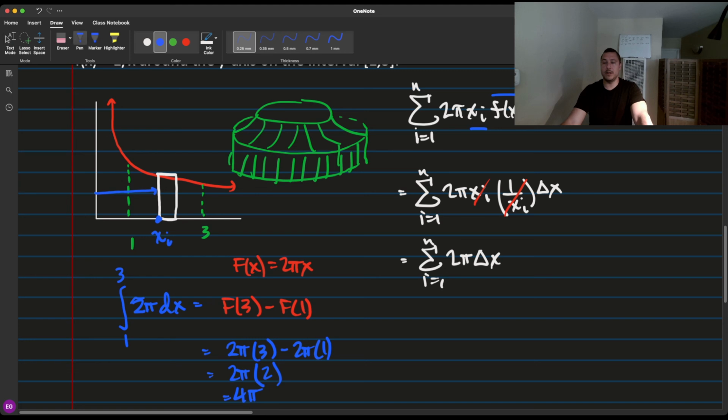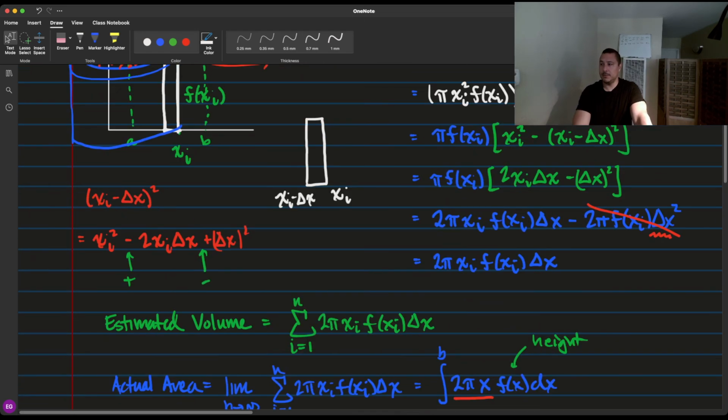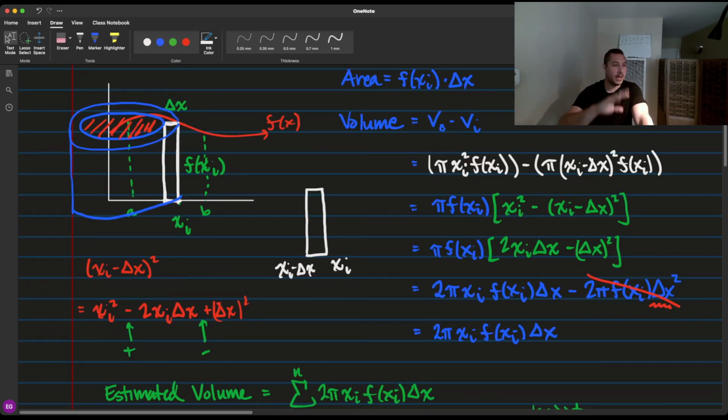Okay, so remember that how this is working is you're taking this rectangle here, and then you're revolving it around, right? So you basically get the outer cylinder minus the inner cylinder. You could go through that whole calculation like we did up here. Remember, if you do that, the pi squared, the delta x squareds are going to just disappear.